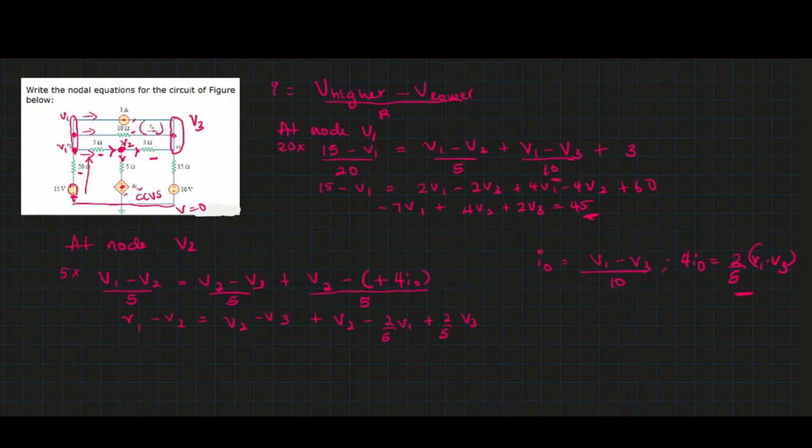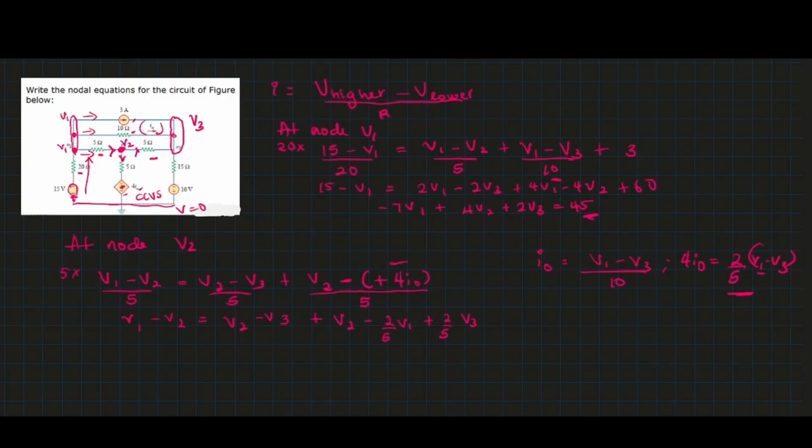And in case you're confused, what I just did was I substituted this into here. So minus times minus 2 over 5 times this, minus 2 over 5 times minus V3. That's what gives plus 2 over 5 V3.